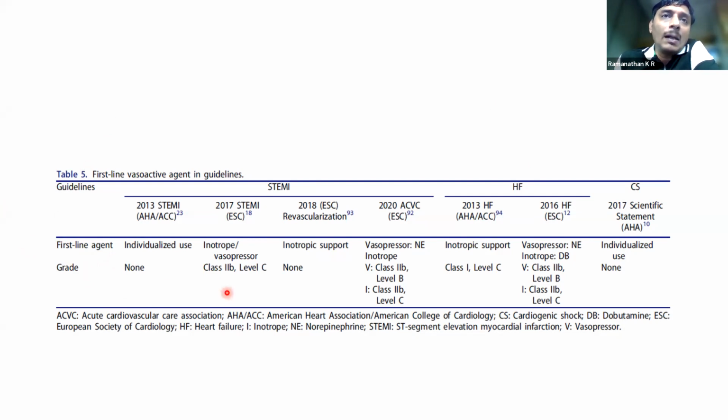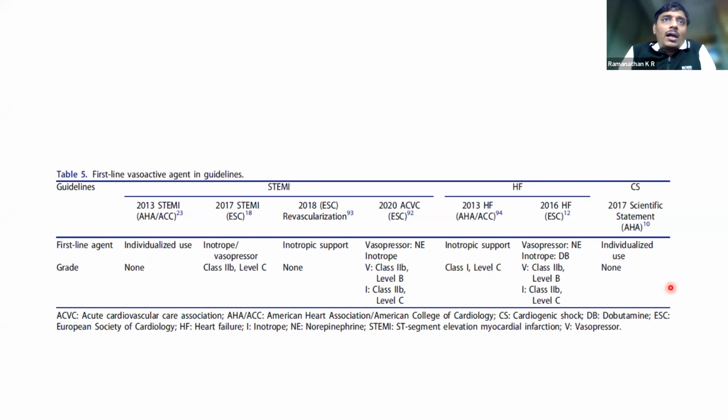Of course, they all recommend inotropes or vasopressors with the corresponding grade on the certainty of evidence. All societies agree that inotropic support or vasopressor use definitely has a role in the management of cardiogenic shock.